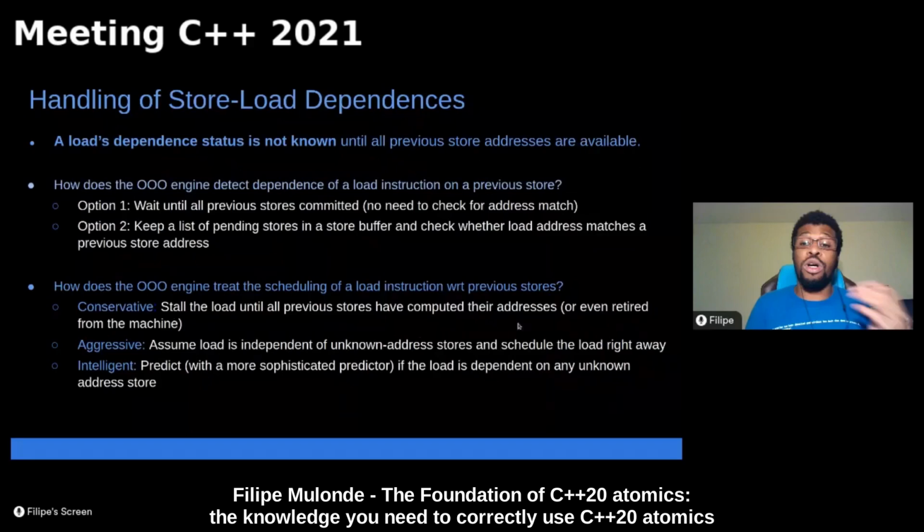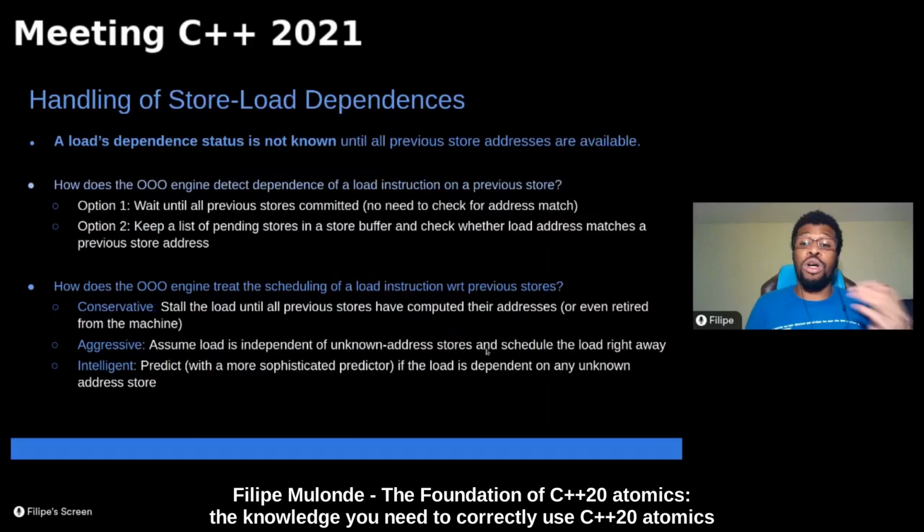This is good, but for this we need to check, right? Because here what we are doing is predicting. We need to check if the prediction is right or not. And if the prediction is not right, we need to execute the load again. And there is another approach, that is the intelligent approach. It is also prediction and is similar to the aggressive approach, but the difference is that here we use a sophisticated predictor inside of the pipeline that makes a prediction if a load is dependent on a previous store based on the behavior of the program.